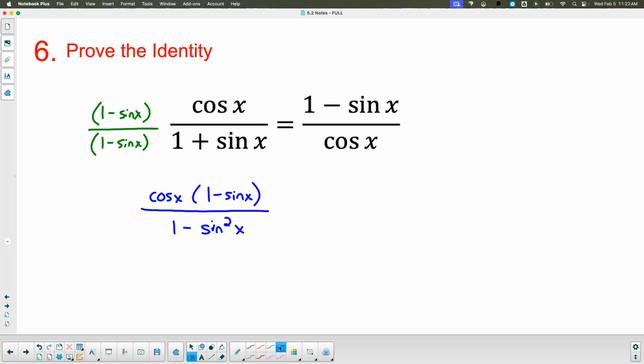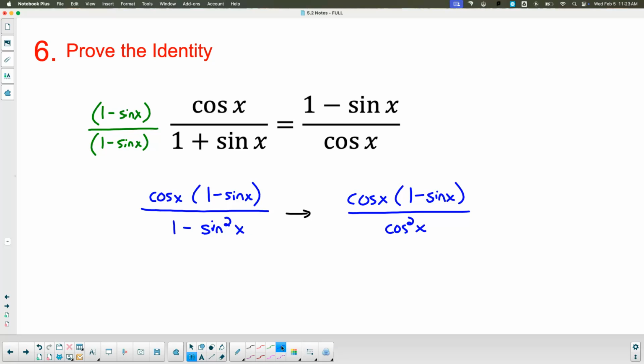Yes? Okay. 1 minus sine squared can then become cosine squared. And then what?